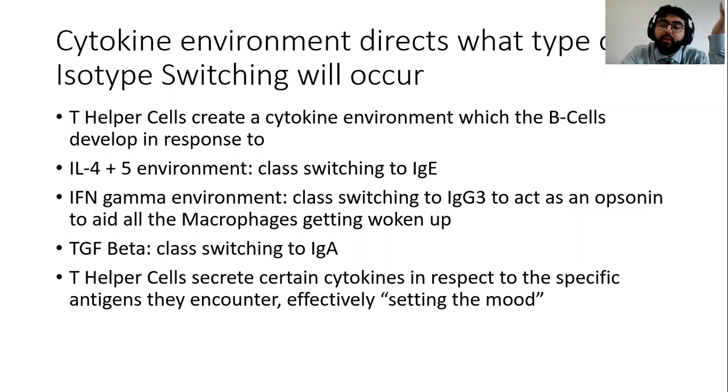Okay, and so how does a B cell know to become an IgA producer, an IgG producer, stay as an IgM producer, or whatnot? It's usually subject to the isotype. It's subject to the cytokine environment in which the B cell is located, and so the helper T cells secrete these chemicals, and these chemicals are basically a recipe, right? It's kind of like hot pot.